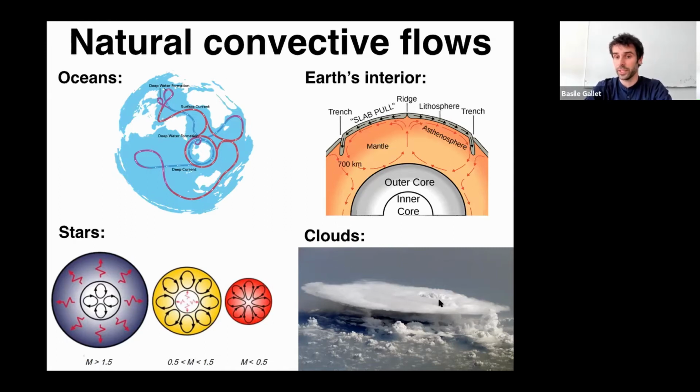There is the atmosphere, in which you have a peculiar form of convection that is impacted by moisture, and that's going to lead to the formation of clouds. You've got convection in the interior of planets, metallic convection, but also a convection of electrically conducting fluid in the outer core of the Earth that leads to dynamo effect and the magnetic field of the Earth.